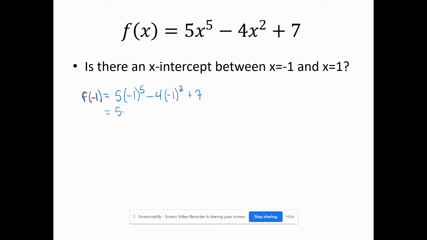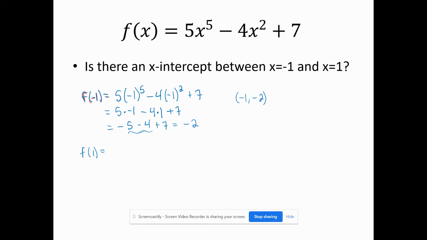Okay, so that's 5 times -1 minus 4 times +1 plus 7. So we're getting close. -5 minus 4 plus 7. Well, this is -9 plus 7. So that's -2. Okay, so this gives me the point (-1, -2). Excellent.